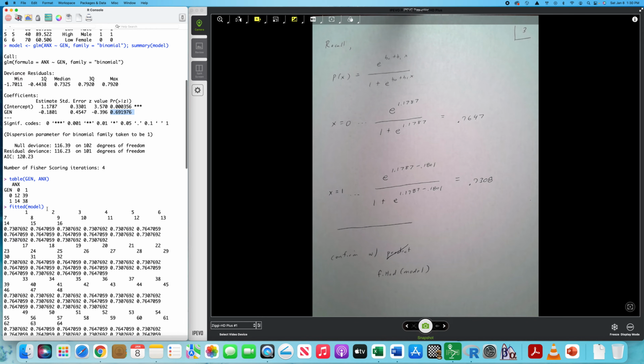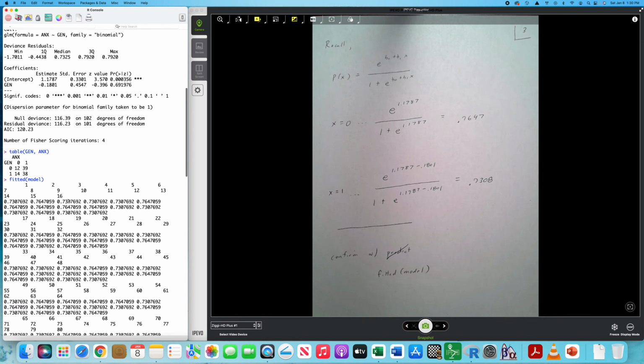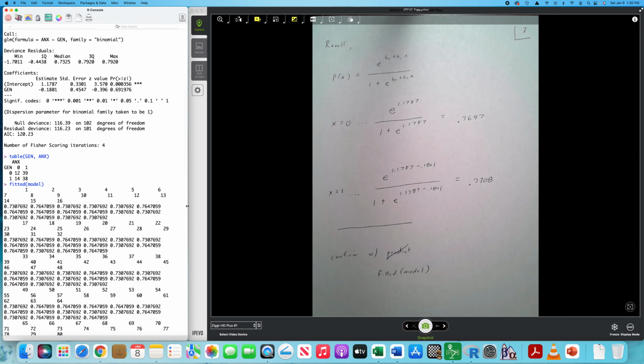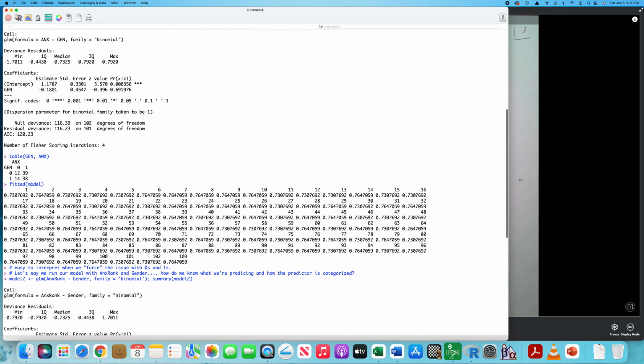Now, R has a cool feature. We can find the probabilities just using fitted. Again, I named my model, so I can take fitted model, and let me expand this a little bit just temporarily.